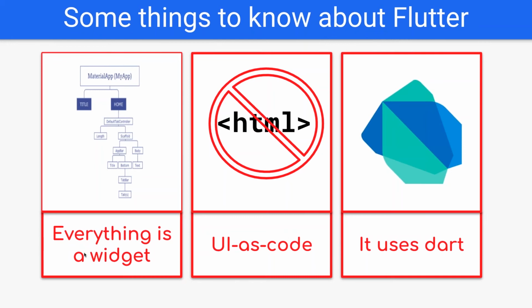Okay, the second thing to know about Flutter, which is a little bit surprising, is that the user interface is not expressed in a different language. It's expressed in the same language that you write the procedural code in. For instance, in Angular, you'll create your user interface, the thing that the user sees, in HTML. And then you'll have your procedural language in TypeScript.